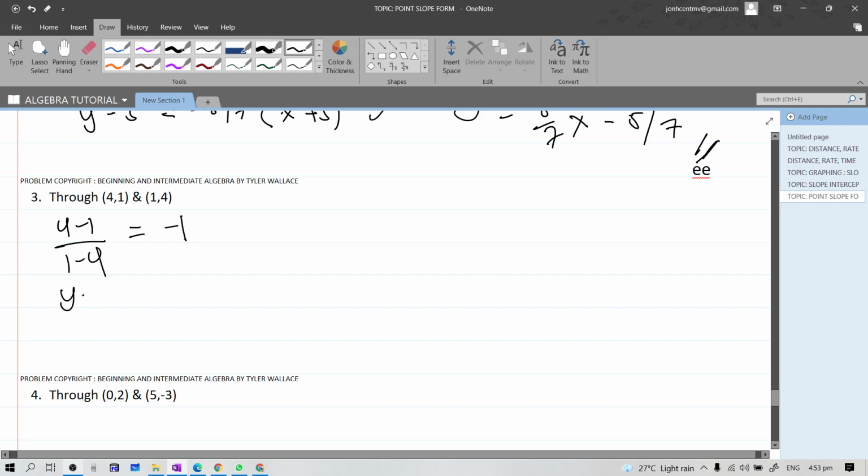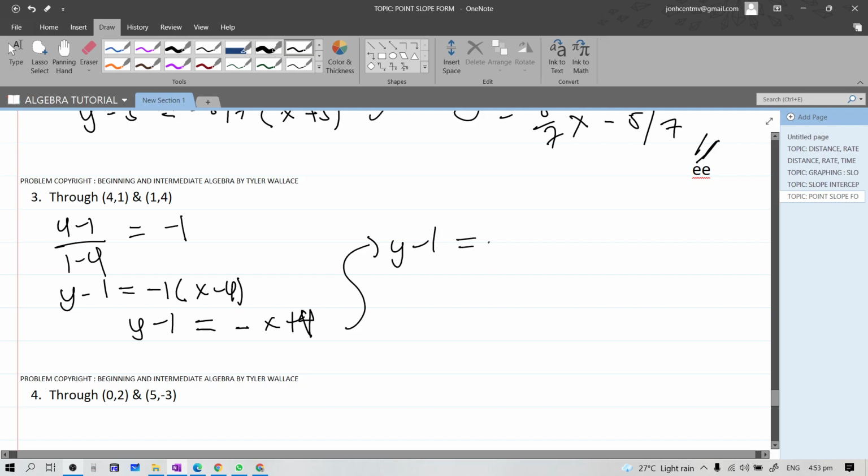We have y minus 1 is equals to negative 1 times x minus 4. So, we have y minus 1 is equals to negative x plus 4. Then add 1. y is equals to negative x plus 5. So, this is the answer.